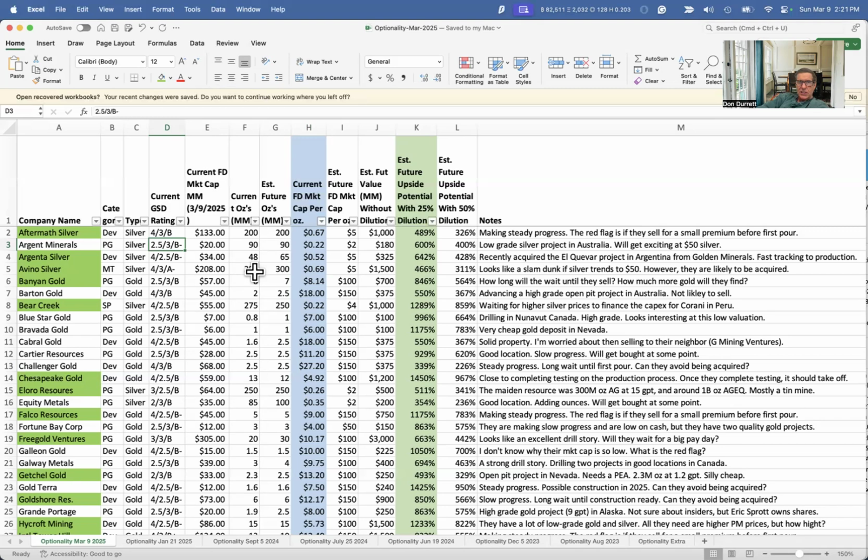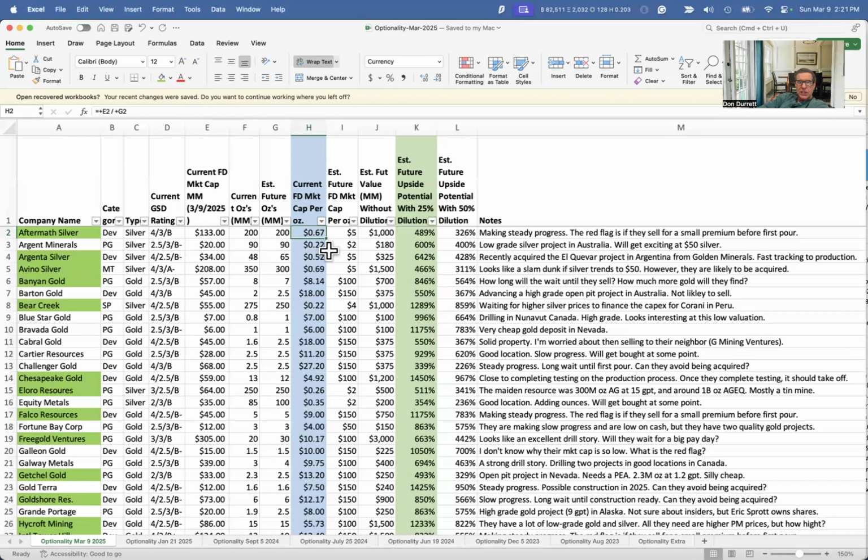You might think, like Argenta, Don, they're going to grow, 90's too low. And so you do your own analysis. So here I have Argenta growing, and then I have Avino. I'm not giving them full credit. I'm only giving them 300. So again, these are my opinions. Then this column here is used to calculate the current. If we look at the calculations, it's E, the market cap, and G. So instead of using the current, I'm using what I estimated.